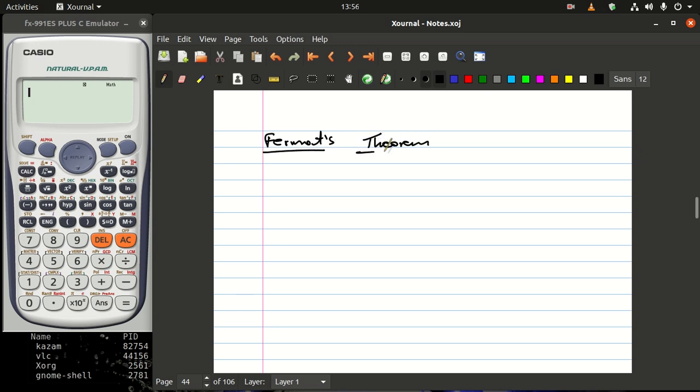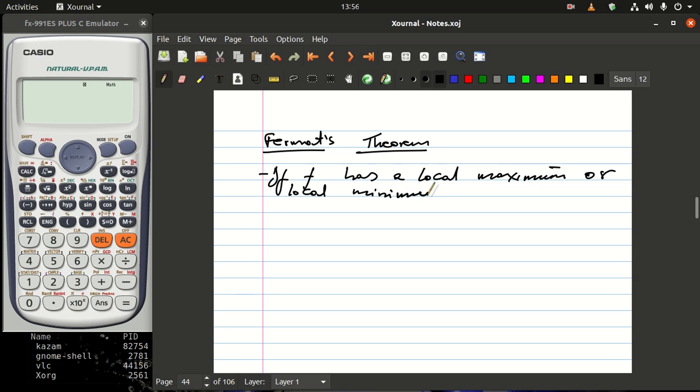What is Fermat's theorem saying? It is saying that if a function f has a local maximum or a local minimum at some point c, and f prime of c exists, then f prime of c must be equal to 0.